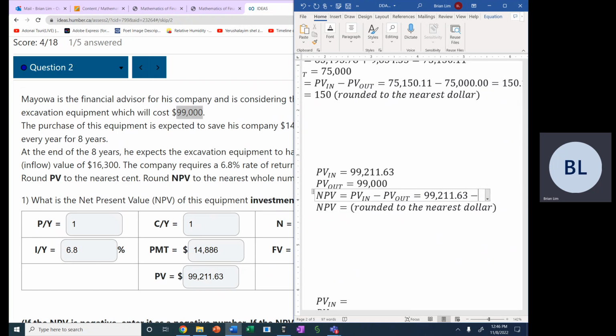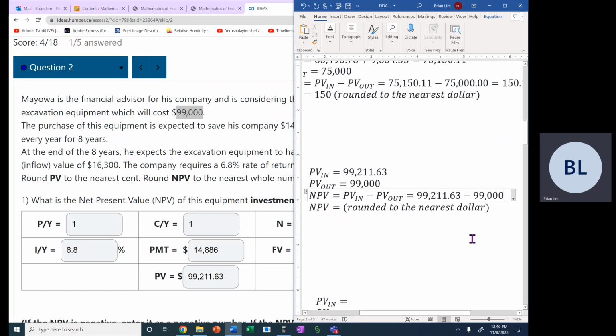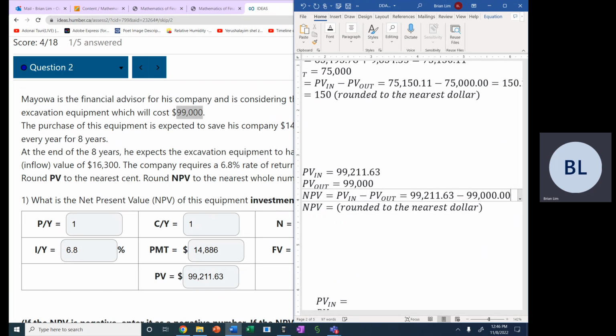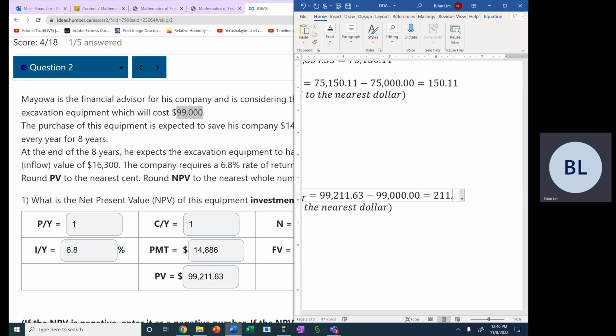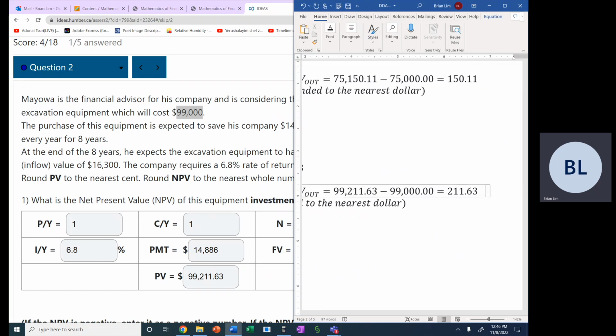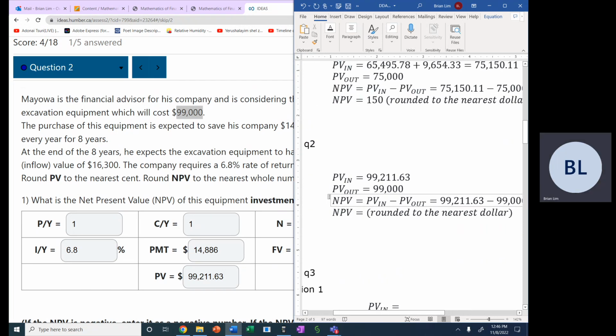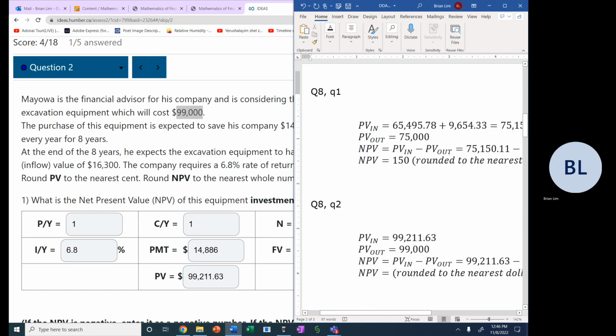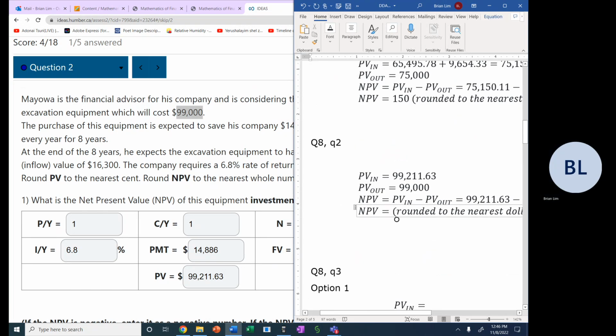So PV in is $99,211.63, and we subtract $99,000 from that. Let's put in the 0.00, and that would be equal to $211.63. If we rounded that, we would get $211, correct?